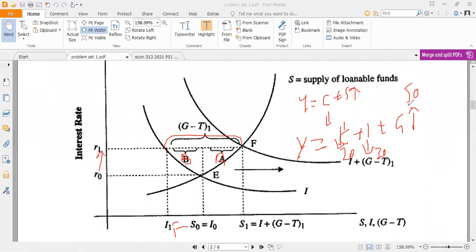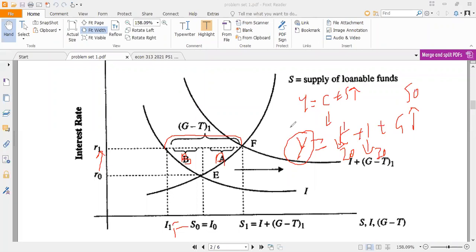So whenever you use bonds to finance government spending, you have no effect on Y, except that there will be changes in the components of Y. G will go up, but C will fall, and then investment will fall, which means that there will be no change at all in Y. That is why they stated that bond finance government spending wasn't effective.